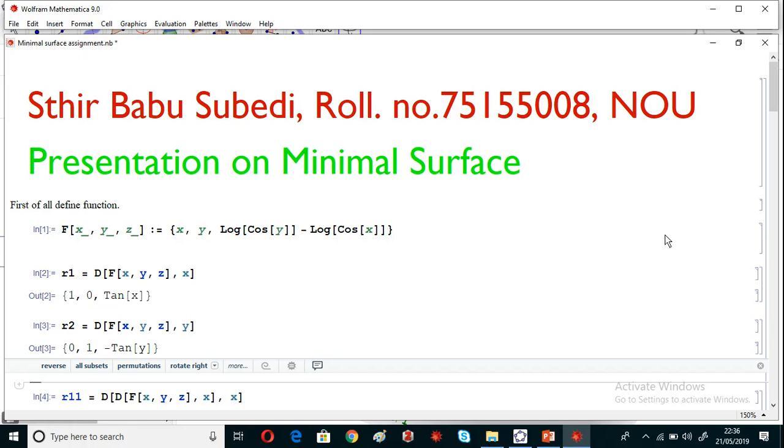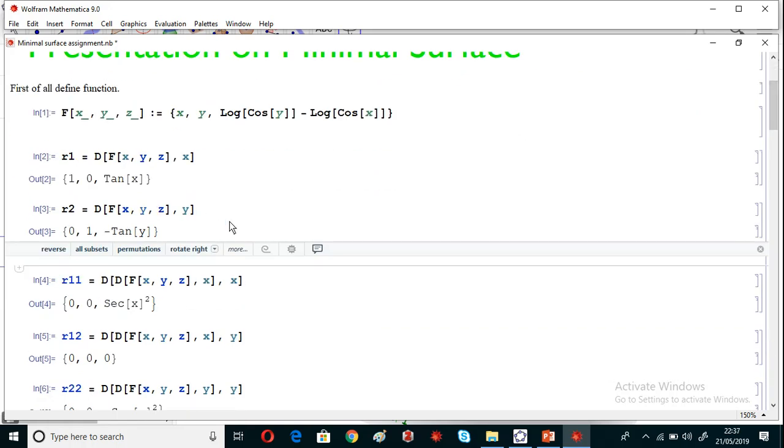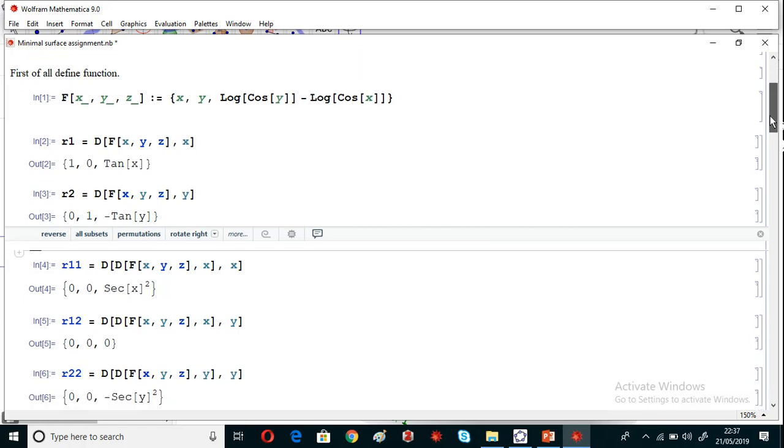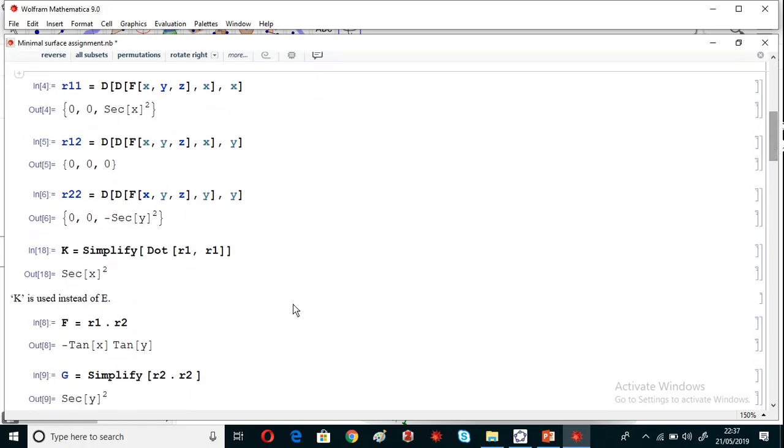Then I have to find r1, the parametric derivative with respect to x. You will obtain this. After that, I have to find r2, the derivative with respect to y, and then r11, the first derivative with respect to x, again with respect to x. I think you know this also. R12, r22, and simply dot of r1 r2.